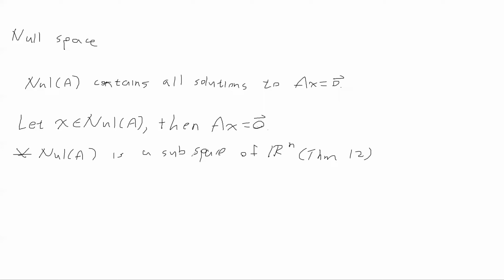We talked about the definition of subspace in the beginning of this video. We have to satisfy those 3 properties: having the 0 vector, being closed under vector addition, and under scalar multiplication. So let's do that.